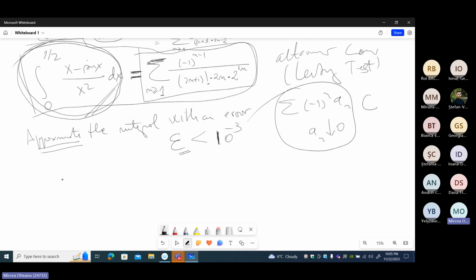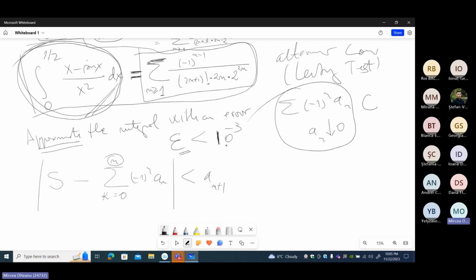It says the following: if we denote by S the sum of the series, and if we replace it by the sum from 0 to n, so we add up to an arbitrary n, then the error we are making in this way will be less than a_{n+1}.